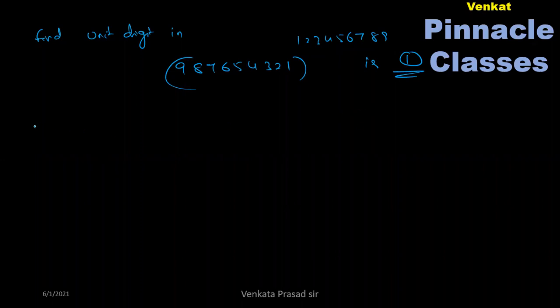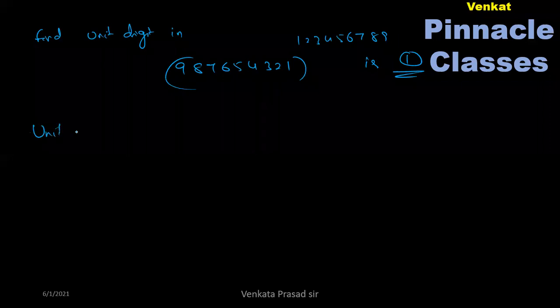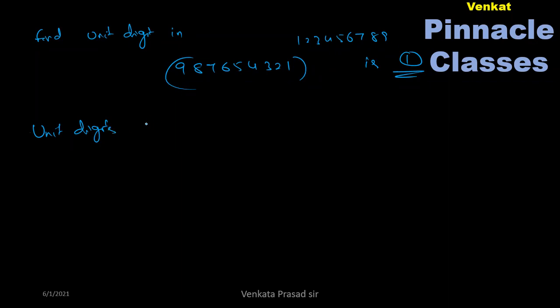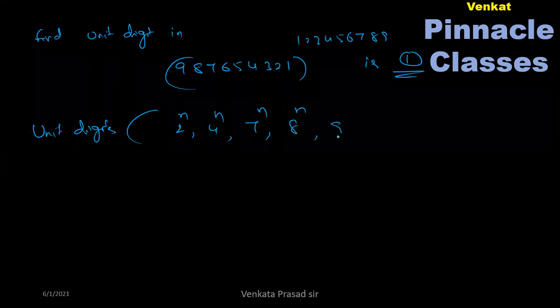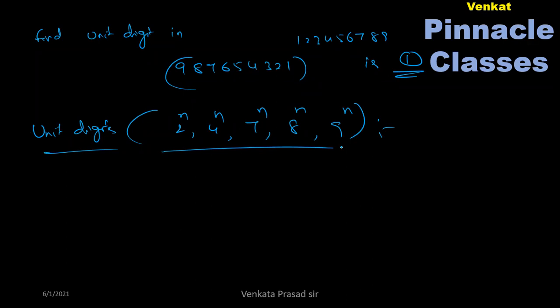Now talking about unit digits, suppose the base is like that: 2 power n, 4 power n, 7 power n, 8 power n, 9 power n. How to find these cases?